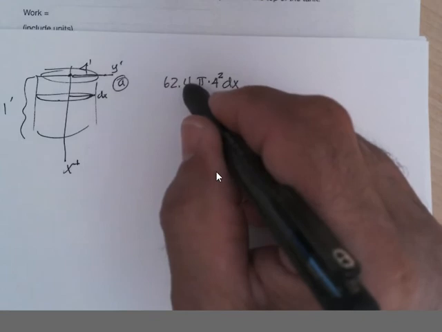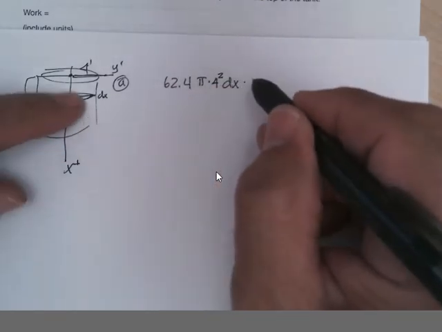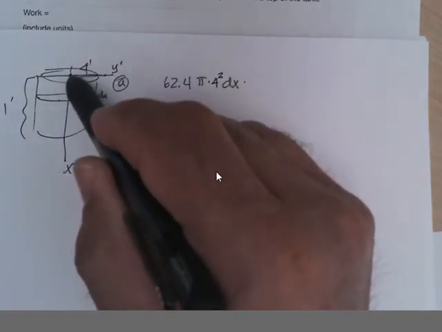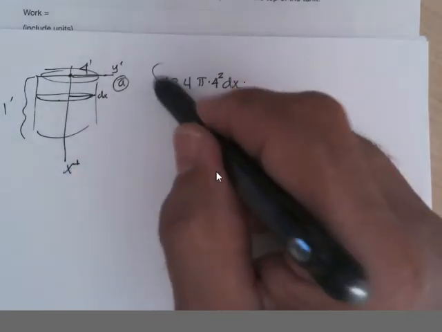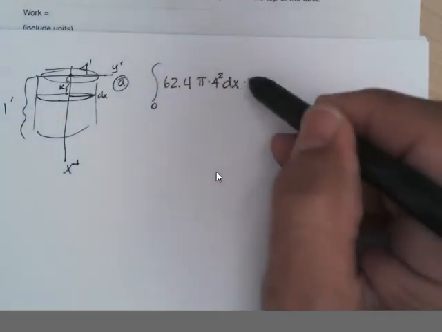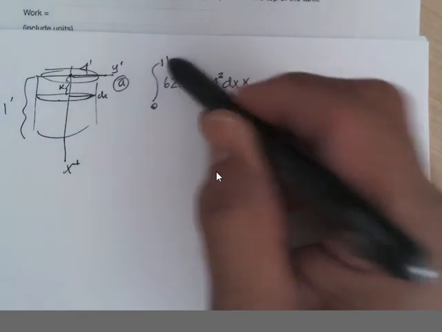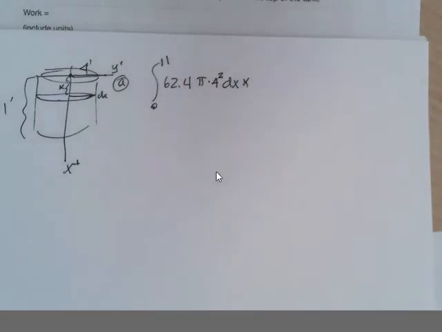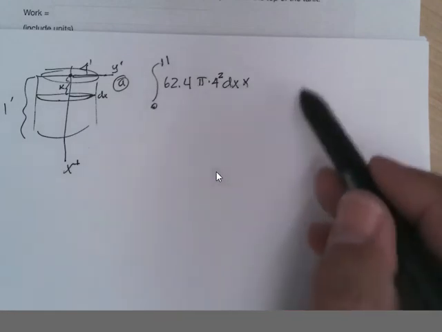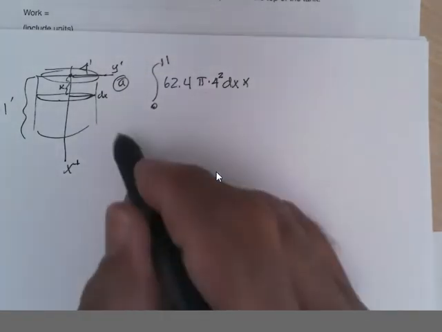So weight density times volume is a force times the distance we have to lift it, which will be, since it's full, when x is 0 is the start of the distance we're going to lift it. But it's going to be always x on this, and x is going to go from 0 to 11. And all these are constants, so it's just going to be the integral of x dx, which is 1/2 x squared, evaluated from 0 to 11, times that number.